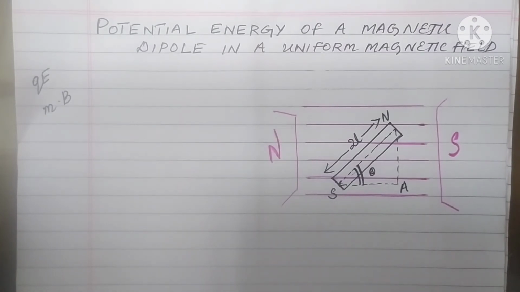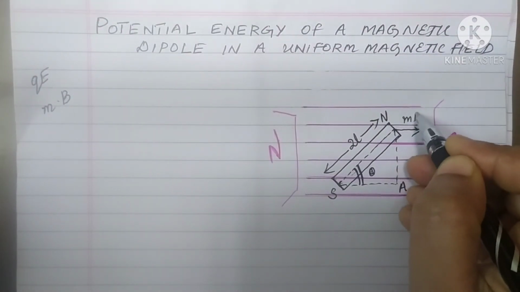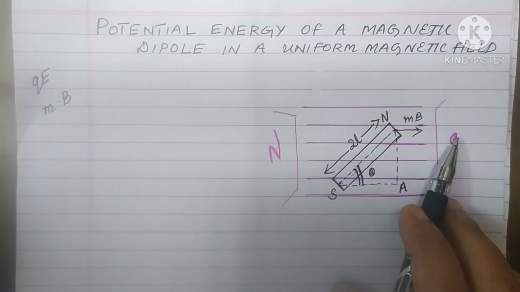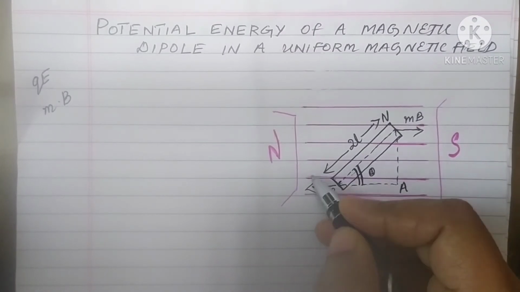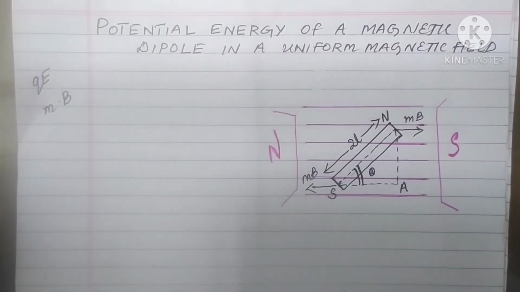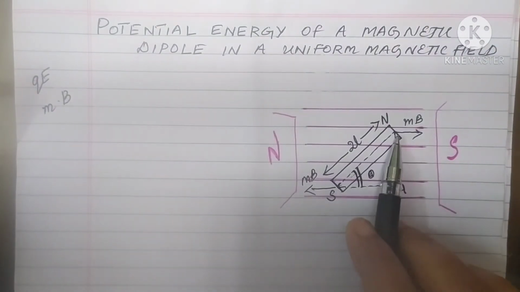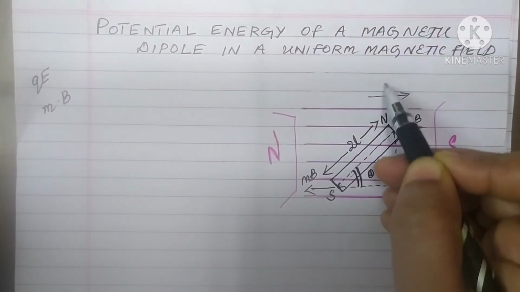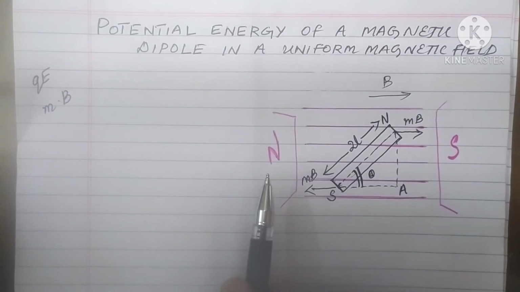So the force on the north pole is MB along the direction of the magnetic field, and the force on the south pole is MB, which is opposite to B. This much clear?